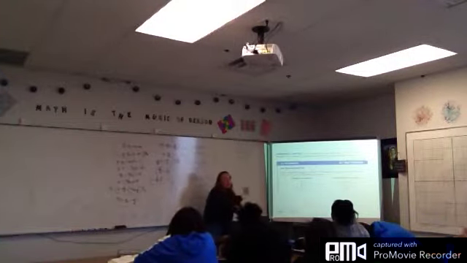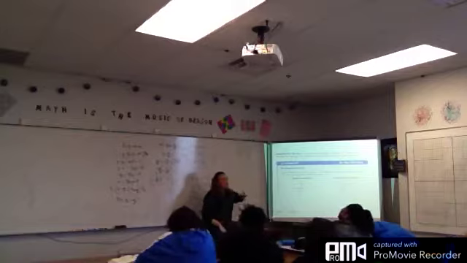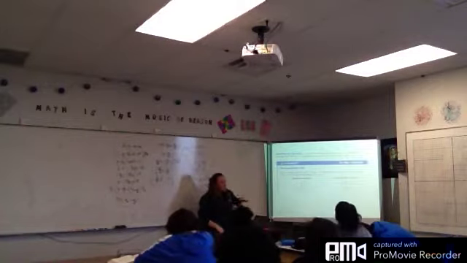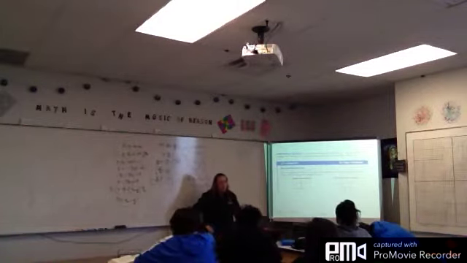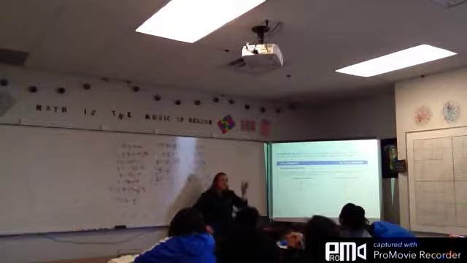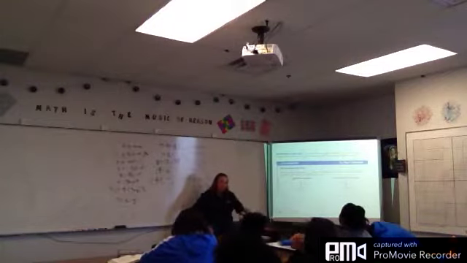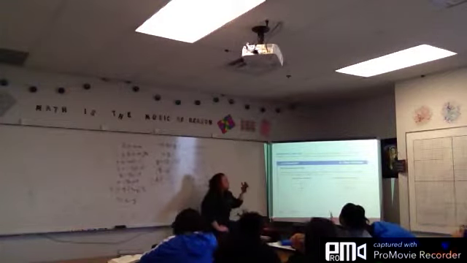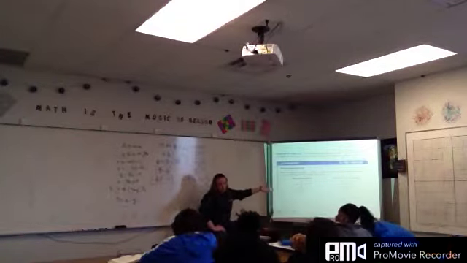So if I want to figure out if my original is a function, I use the vertical line test. If I want to figure out if my inverse is a function, I use a horizontal line test.